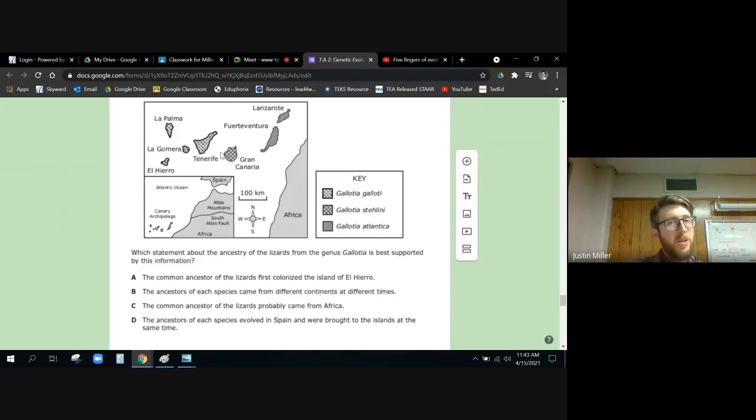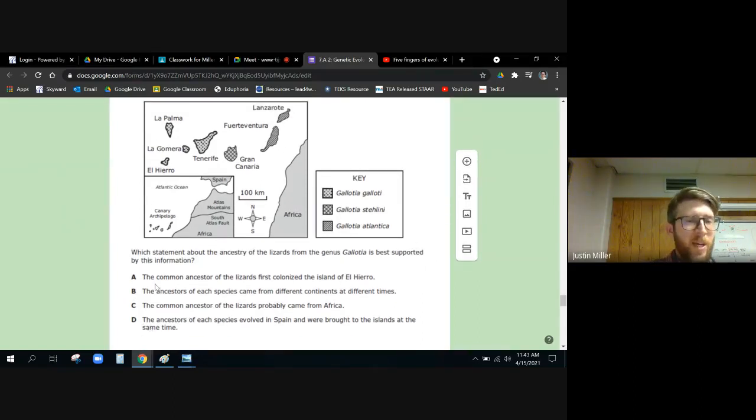So all these lizards are closely related. They're different, but they're close. And they all started here and moved west. So where do you think they were before they were here? Even further east in Africa, right? So it's C. Why?